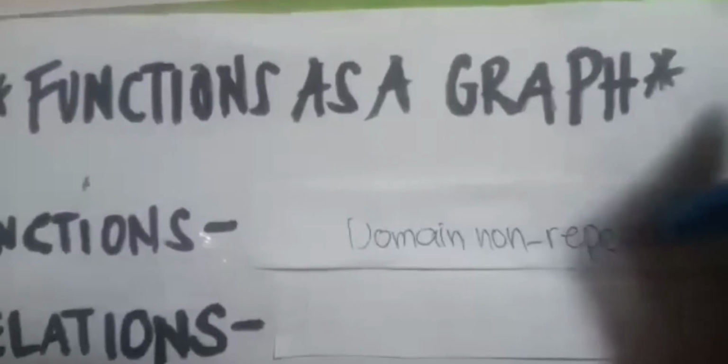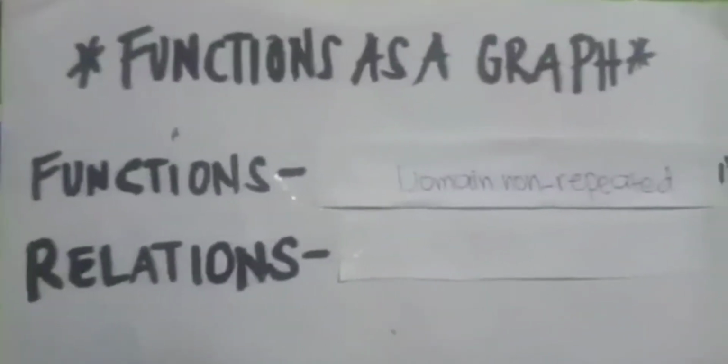Domain non-repeated. It is a relation when it is a bunch of points, so the domain is repeated twice or more than that.